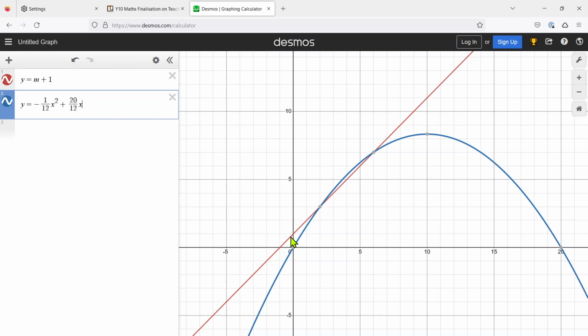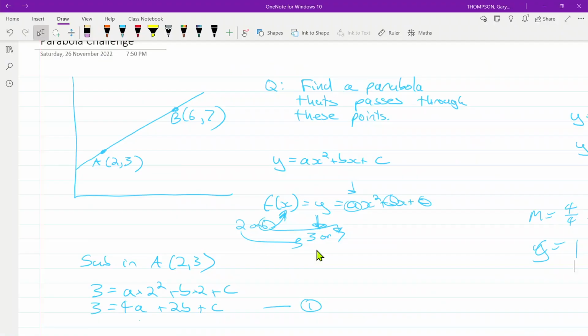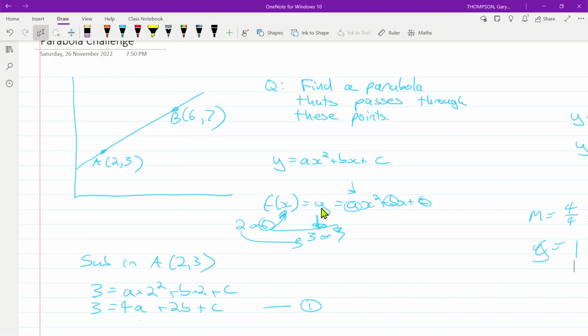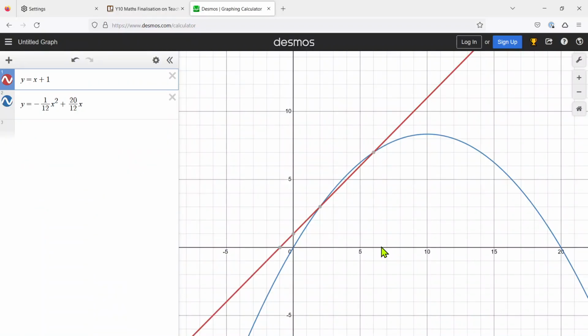Y equals x plus 1. And we can see that it goes through the points 2, 3 and 6, 7. So this is not the same one I did in class the other day. So it goes through those 2 points.